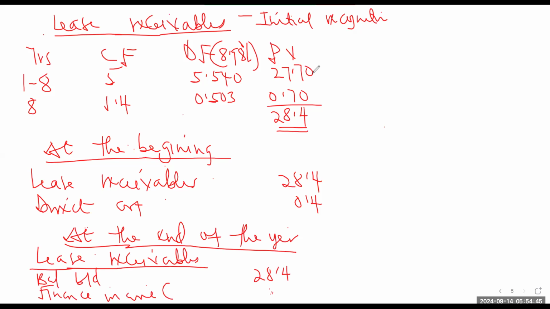How do we calculate the finance income? The finance income will just be the 0.0898 multiplied by the 28.4. We used 8.98 to present value this, so it means that every year we have to be compounding it.